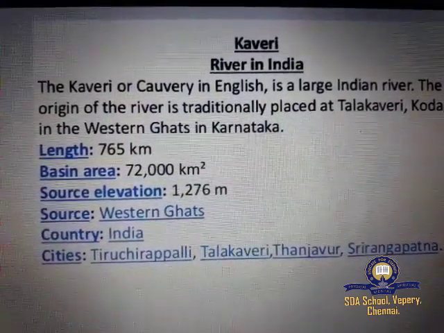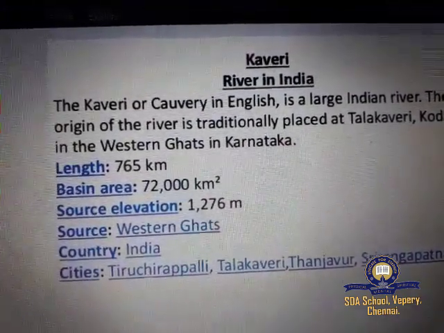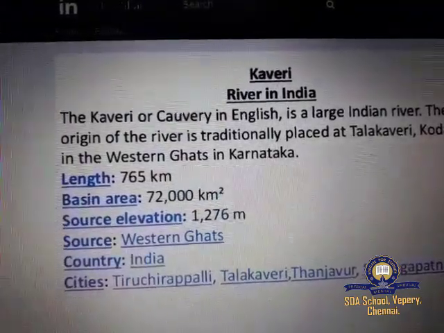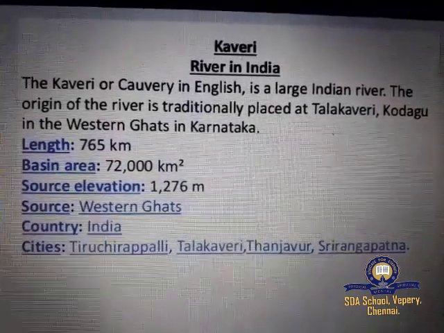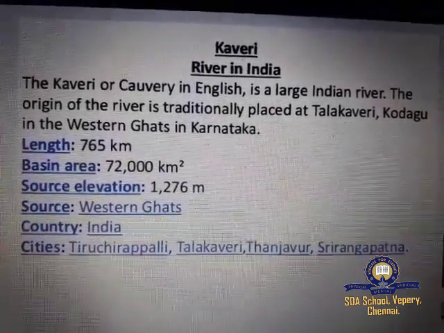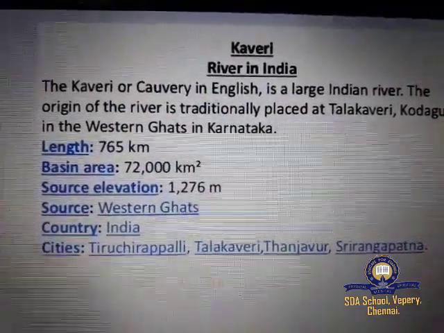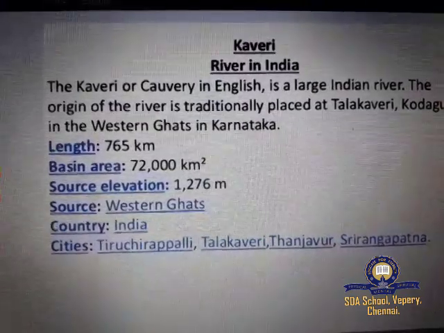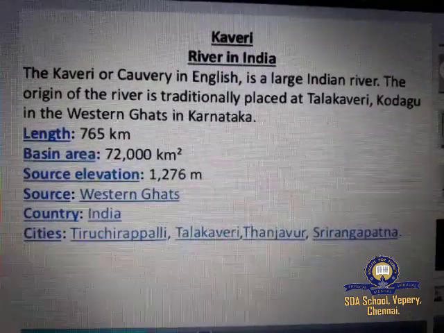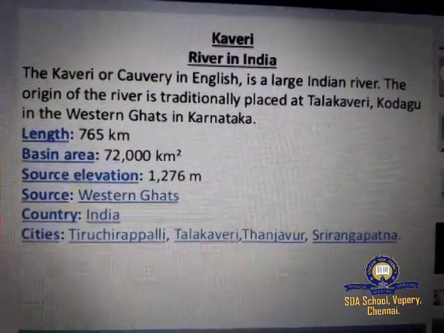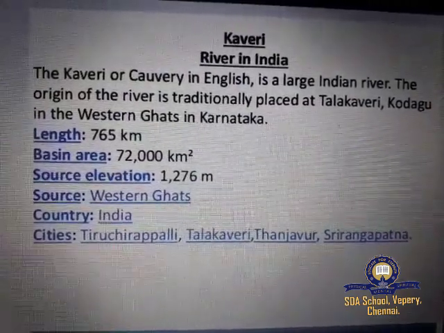The river Kaveri is called Dakshin Ganga, or Ganga of the South. Hemavati, Kabini, Bhavani, Noyyal, Amaravati, etc. are the main tributaries of the river Kaveri. The Kaveri breaks at Srirangam Island into two channels, river Kollidam and Kaveri. At last, it empties into the Bay of Bengal at Poompuhar.